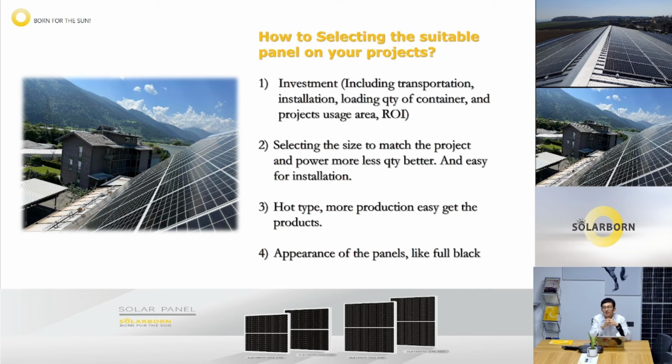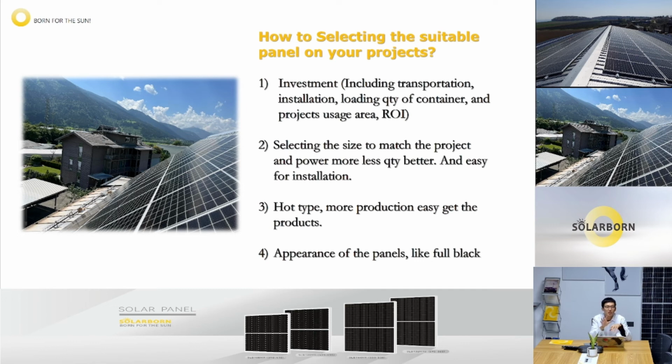And the fourth consideration will be the appearance, because so many customers now consider full black. Some customers consider other special colors, like red, green, or blue for the backsheet and for the frame.